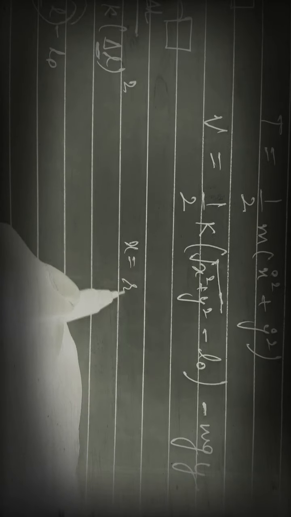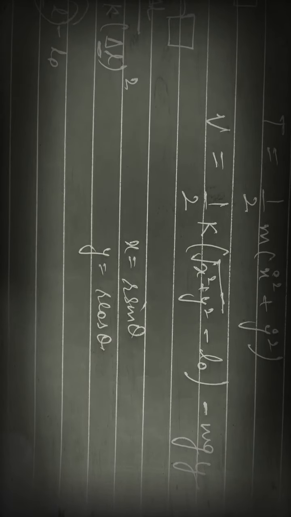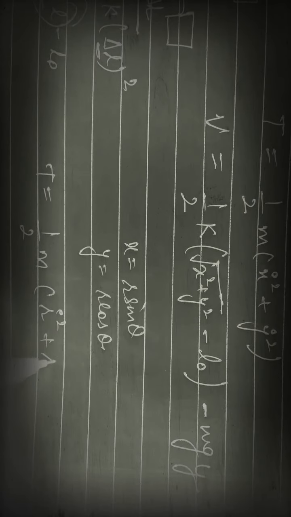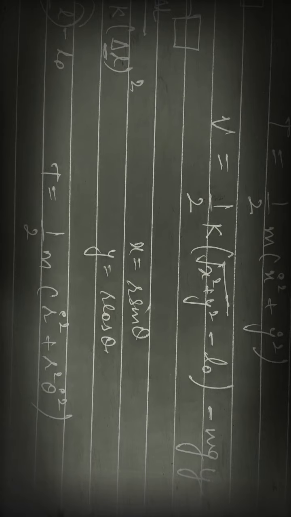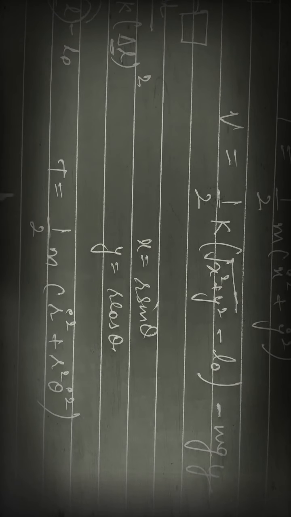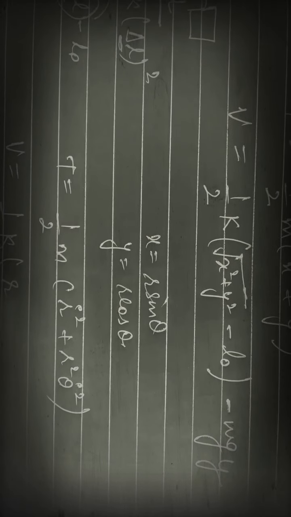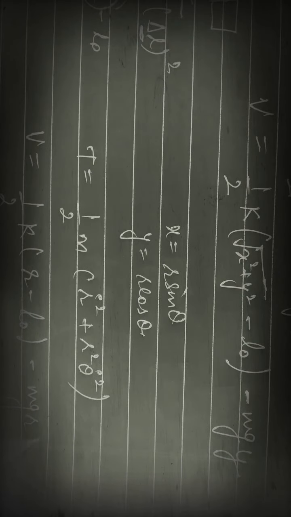So substitute x equal to r sin theta and y equal to r cos theta. Then T becomes half m times r dot square plus r square theta dot square. You can differentiate and check your answer. Similarly, V becomes half k times r minus L0 squared, minus mgr cos theta.